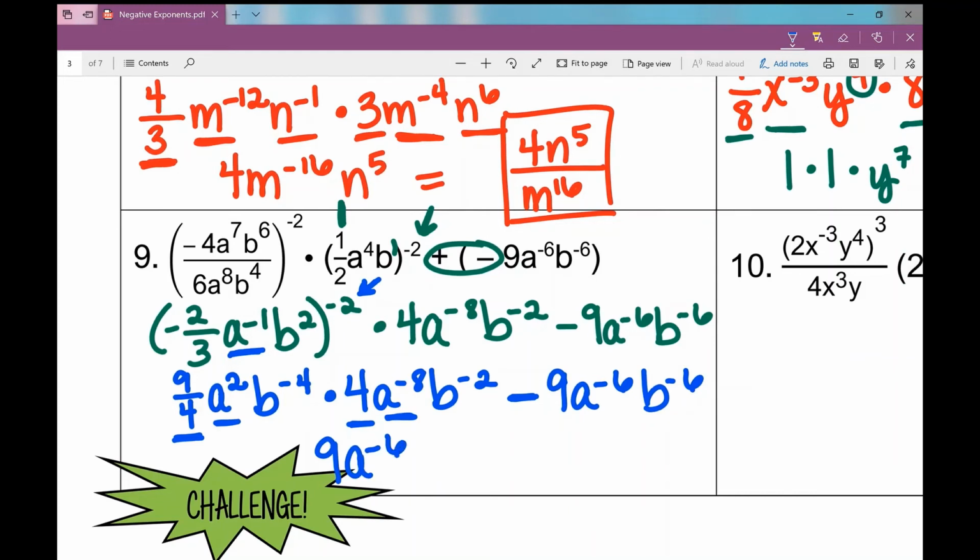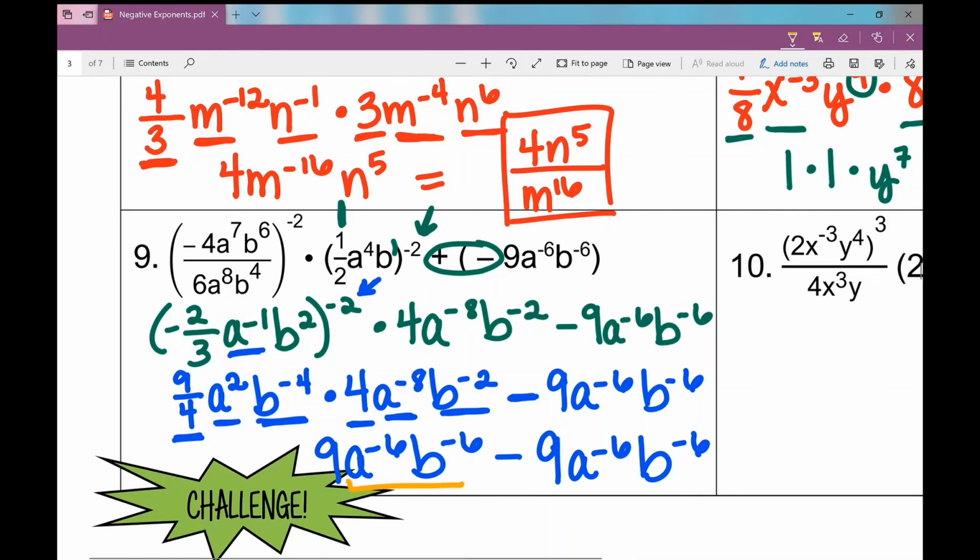Negative 6. Now let's look at the b's. Negative 4 and negative 2, negative 6. Minus 9a to the negative 6. And what do you know? We've got like terms over here. So can we combine them if we have like terms? We sure can. This a to the negative 6, b to the negative 6, that is what tells me these are like terms.